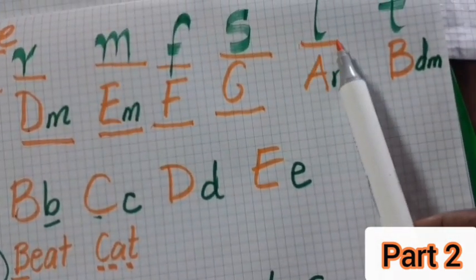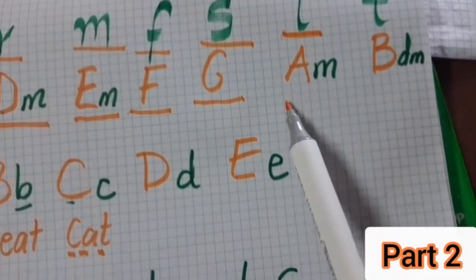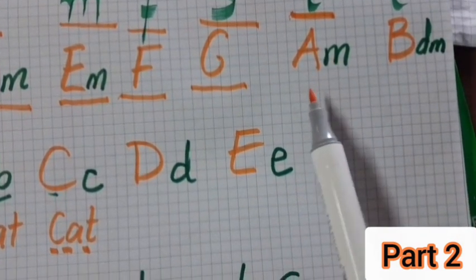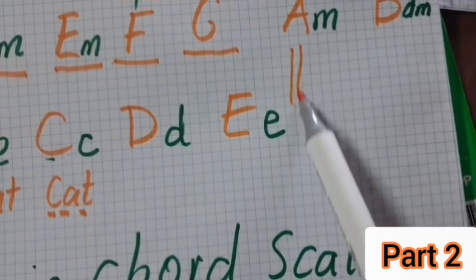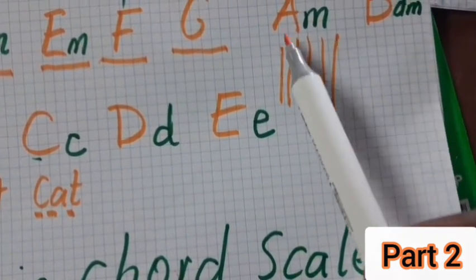So instead of just playing la as in one note, we play A minor. So that set of A minor, 1, 2, 3, 4, 5, 6.